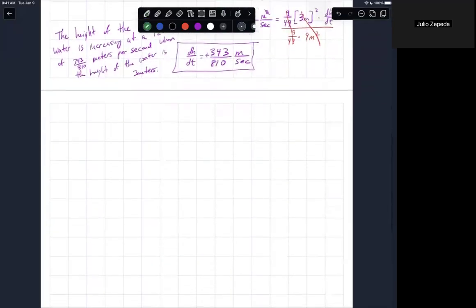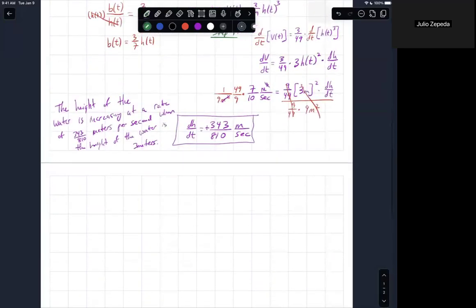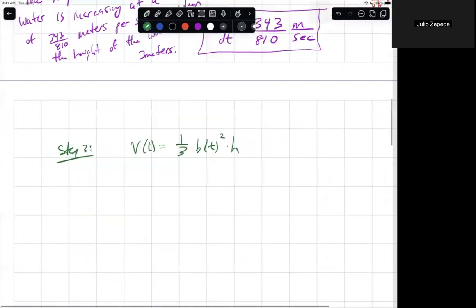So the problem's over, right? But let's go back to step 3 and take a look at this function. So v of t is equal to 1/3 b of t squared times h. So what if we had just taken the derivative here? We apply the derivative to both sides.